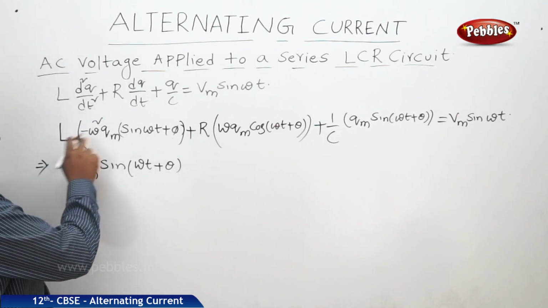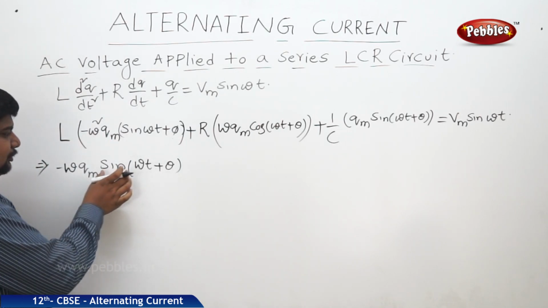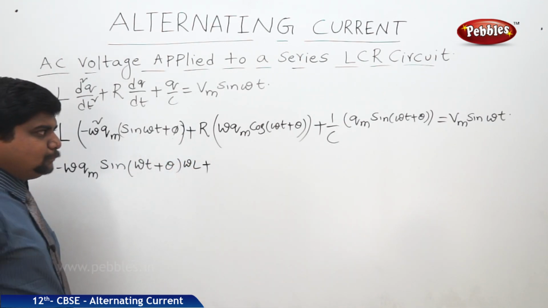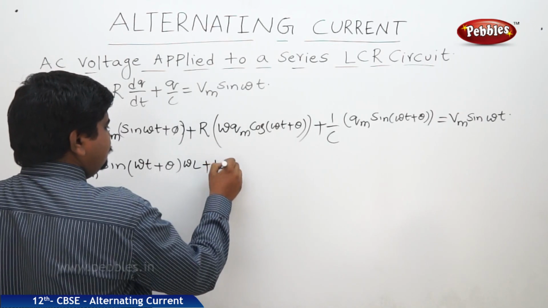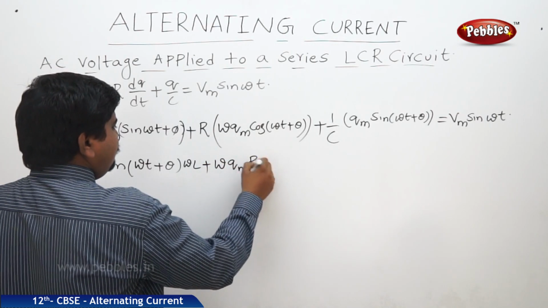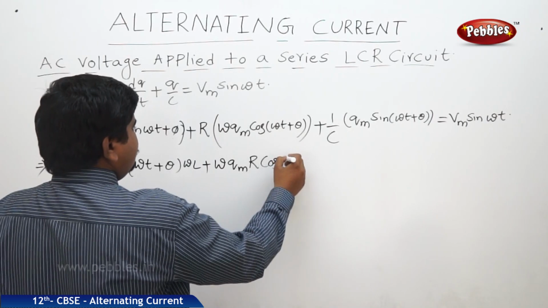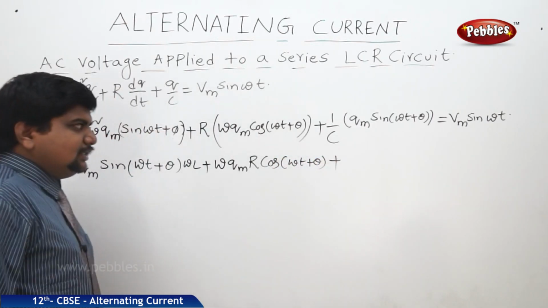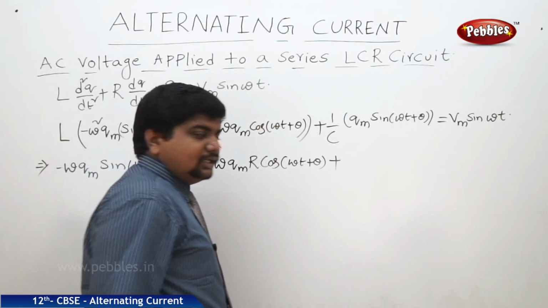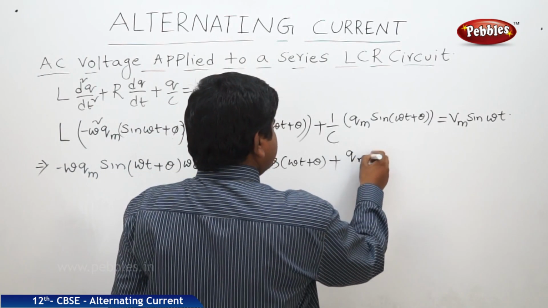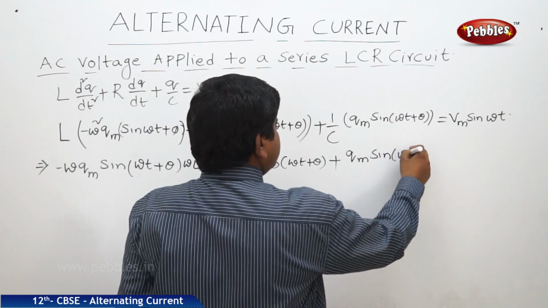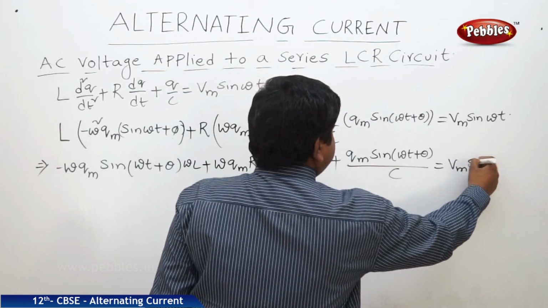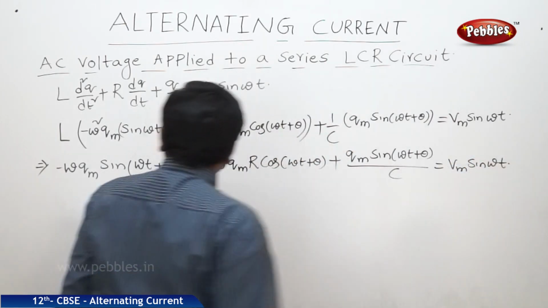I took minus ω² qm as minus ω qm sin(ωt + θ) into ωL, plus this one, ω qm into R cos(ωt + θ), plus qm sin(ωt + θ) by C, is equal to Vm sin ωt.